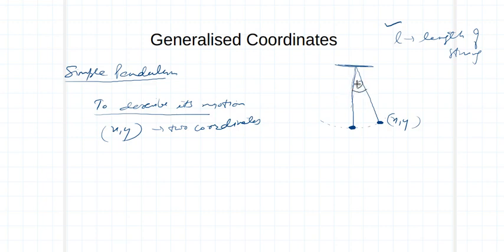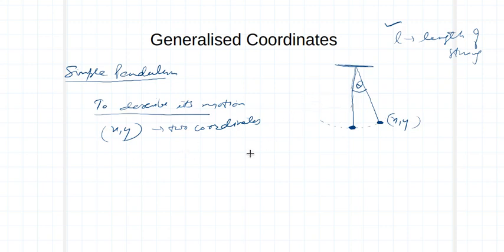Because what's going on when it is displaced from its mean position, it makes an angle theta with its equilibrium position, and there is another parameter which is length, and that length of the string will remain the same for it. So what is changing? Length is replaced by r.